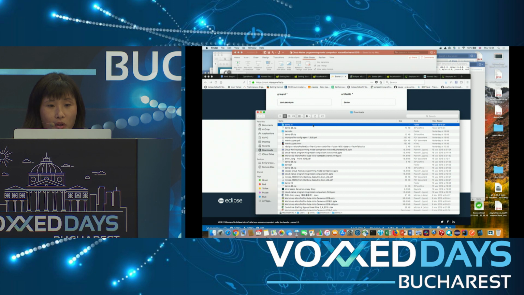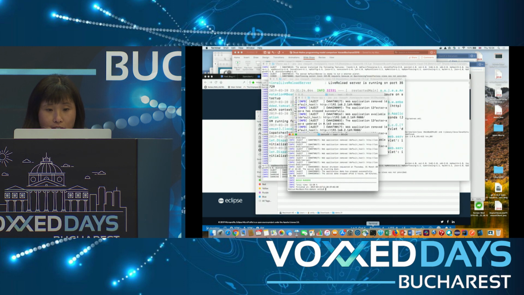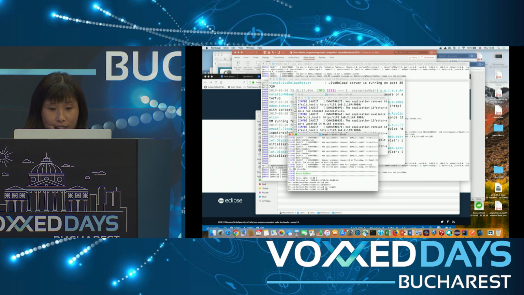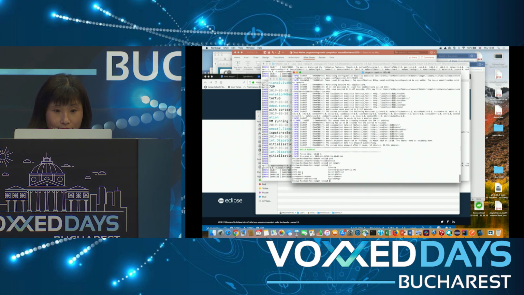Here is the POM, and all the files are generated. Before this talk, I already downloaded one. I did a Maven clean install, and in my target directory I have this demo.jar. Can you see?